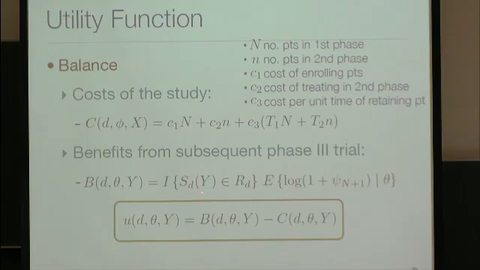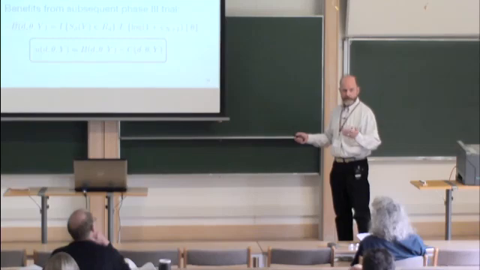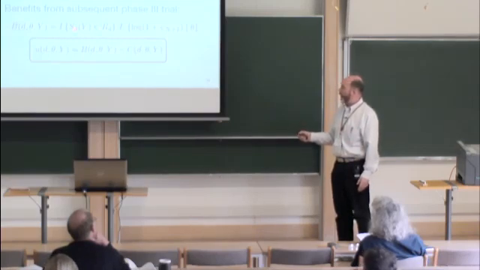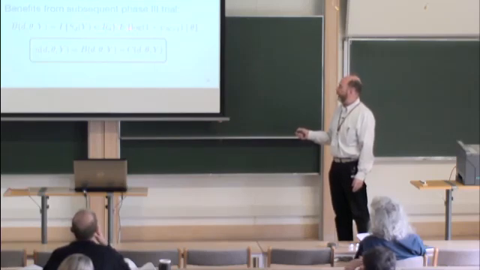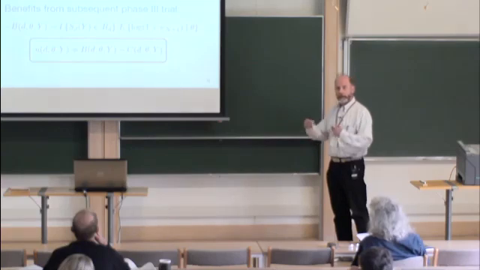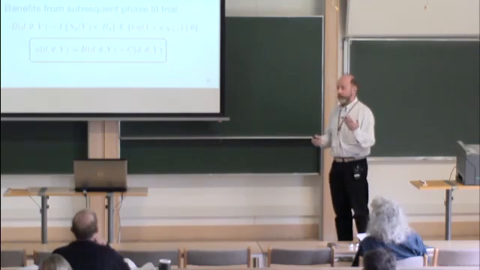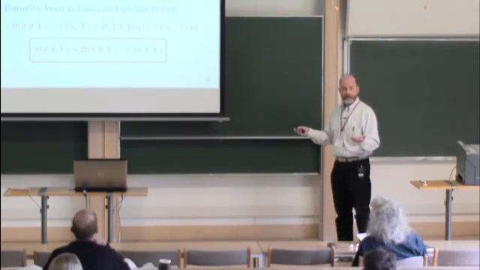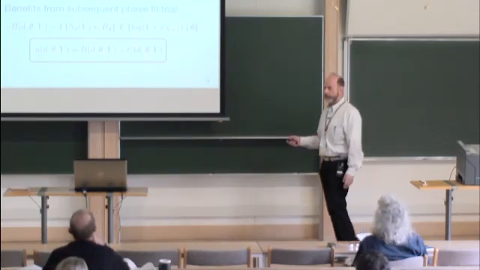So it has an indicator function that in this case it'll be a randomized phase 3 study with typical frequentist type design, and an indicator function that the test statistic is in the rejection region, and that's going to be scaled by an expected treatment effect, so that the larger the treatment effect, the greater the benefit. So it's not just that the subsequent phase 3 study that we predict is going to be significant, but also the magnitude of the treatment difference. And so our utility function just balances the benefits against the costs.